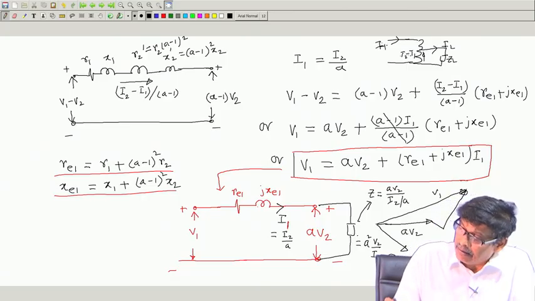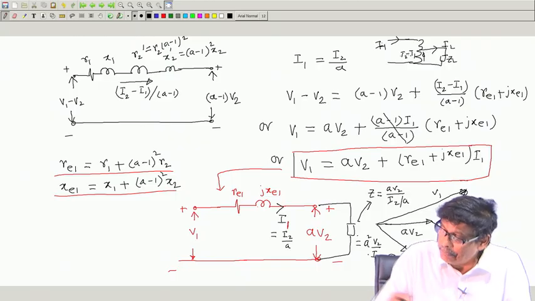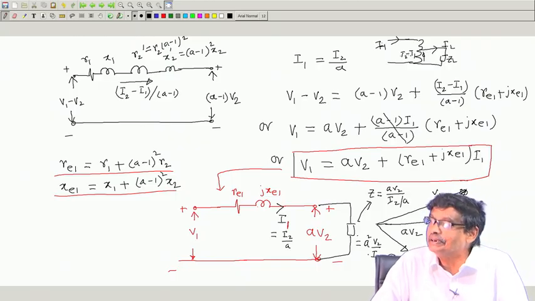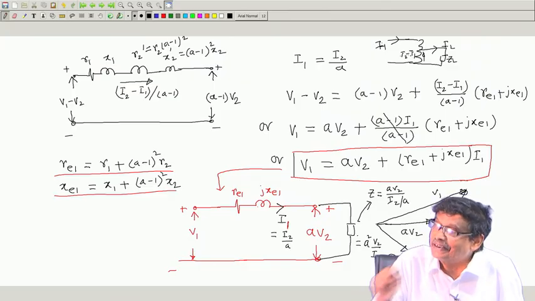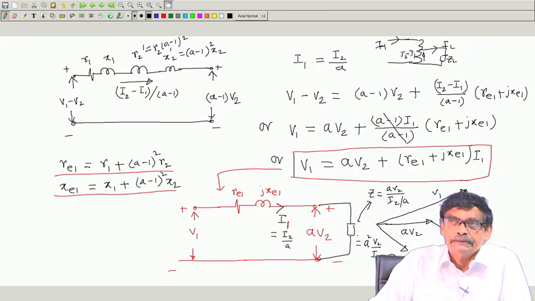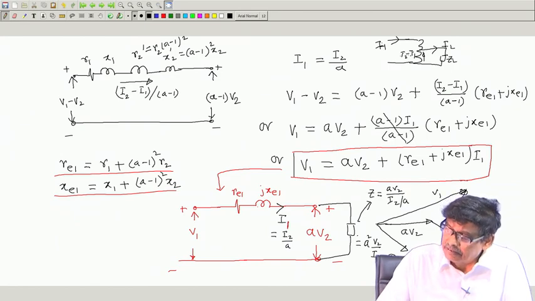Therefore, the load impedance will be multiplied by A square, because of the fact that I2 is not part of this current. Got the point?